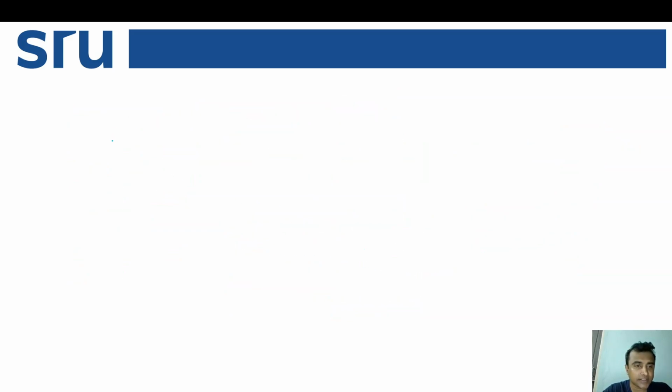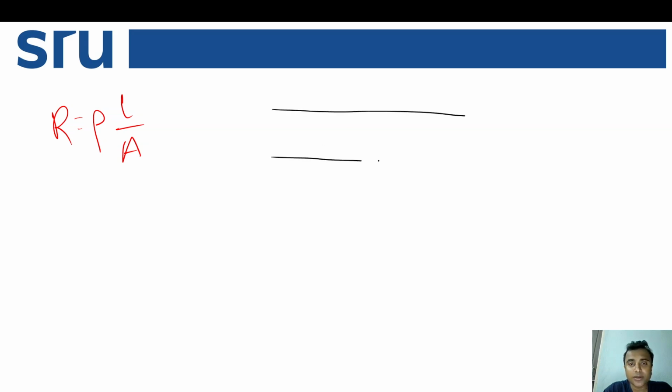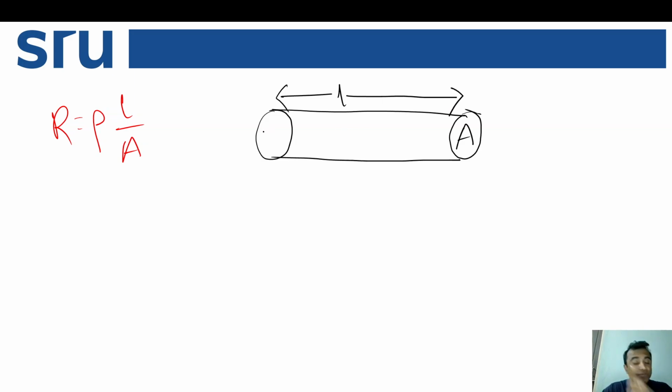So now let us have a better look at this. Let's say R equal to rho L over A, and let us say you have a conductor, let's say a wire. This wire has a circular cross-sectional area A, and the length of the wire is L. Then we can simply write down that R equal to rho L by A, that's the definition.